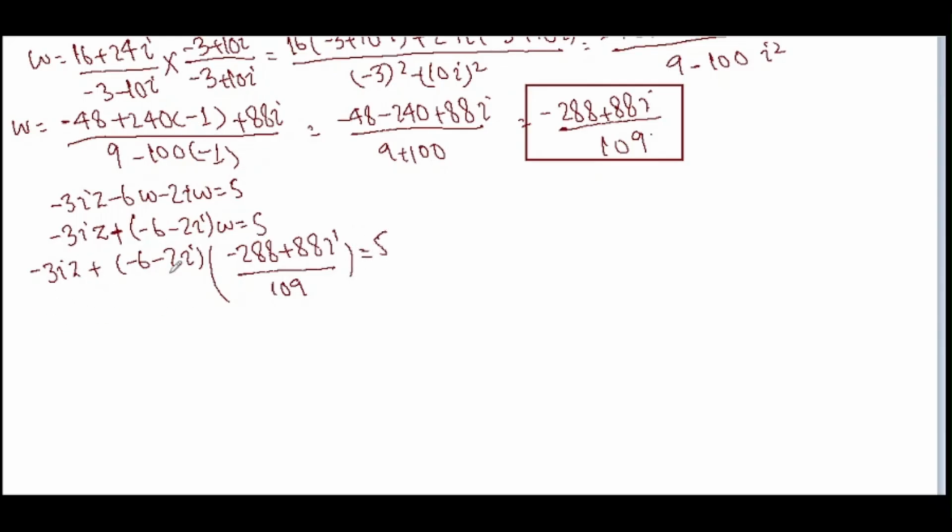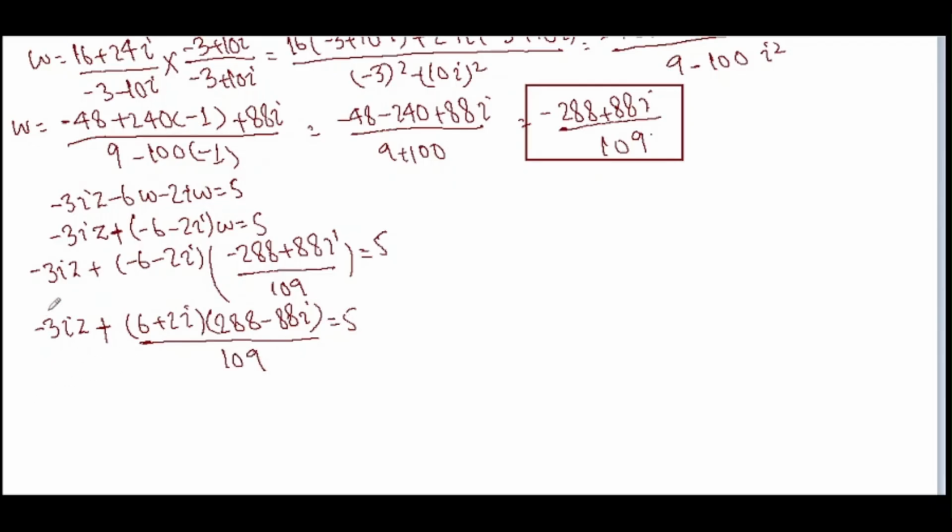So now we are going to do this multiplication. So we get minus 3 iota z. This minus is taken common over here, so we get minus into 6 plus 2 iota, and then we are also going to take minus common from here, so this sign becomes positive, and here it becomes 288 minus 88 iota whole divided by 109 equals 5.